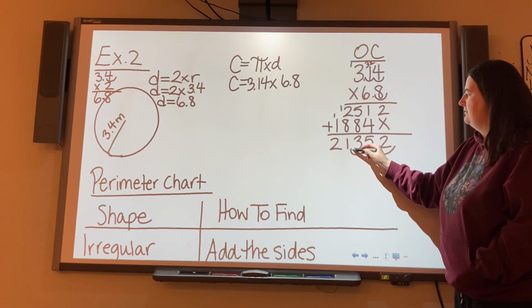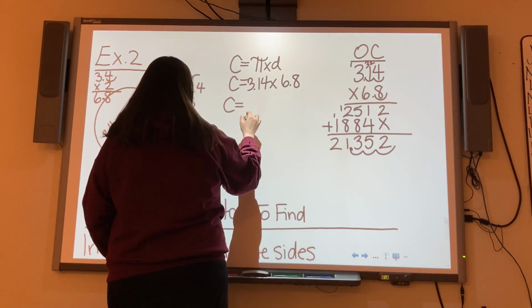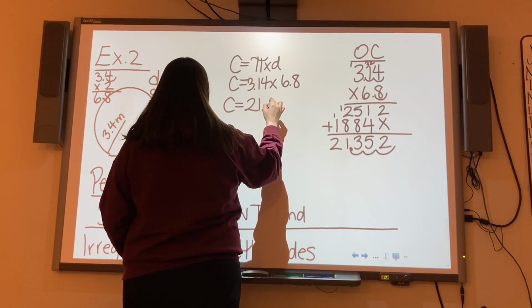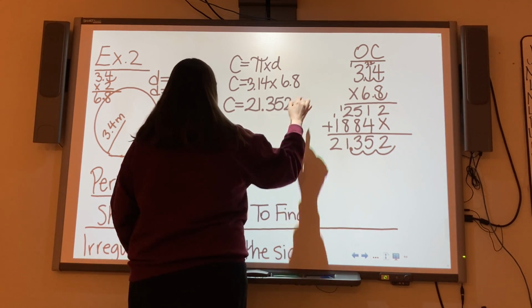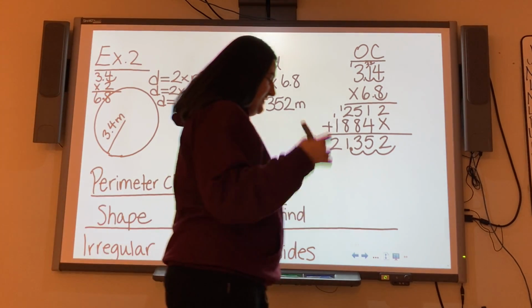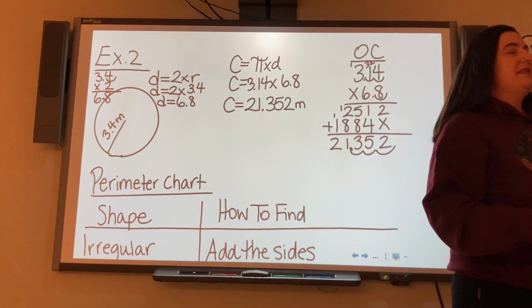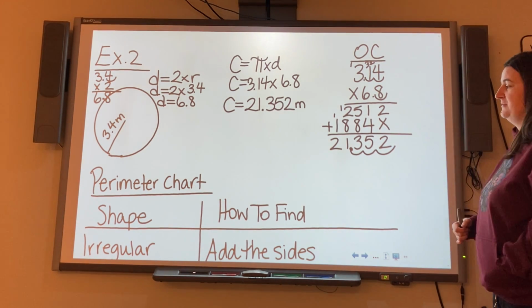So the circumference of your circle is 21.352 meters. Don't forget that little m, the unit of measurement. That's going to get you marks on your quiz if you remember to put that unit of measurement.